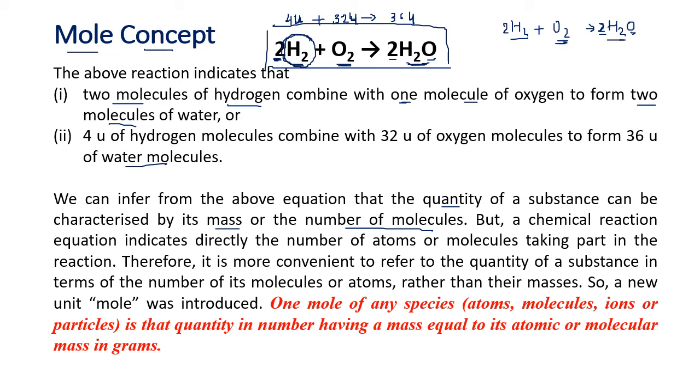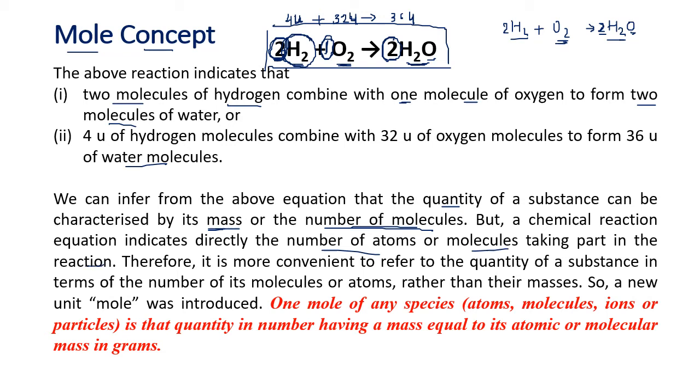So here we meant the unit of mass, atomic mass unit. But now we can also go by the number of molecules. How? Two molecules of hydrogen react with one molecule of oxygen to give us two molecules of water. A chemical reaction indicates directly the number of atoms or molecules taking part in a reaction.